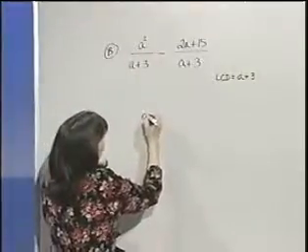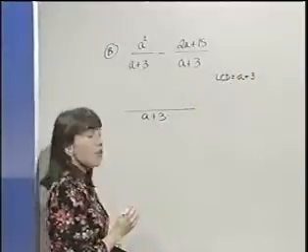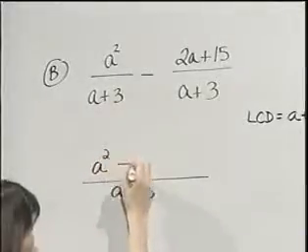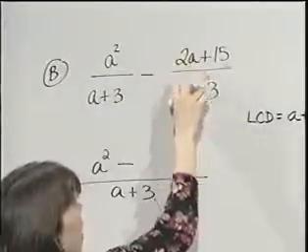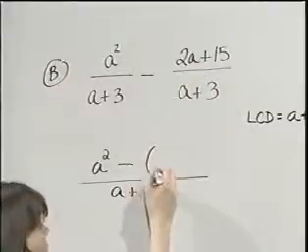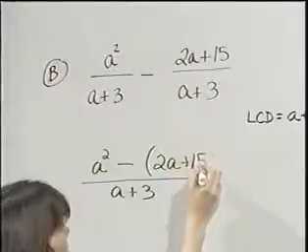In this case, we need to subtract the numerators, and this is the tricky part. We're going to write down a plus 3 as our single denominator, and in the numerator, we're going to have a squared minus, and then we're going to have this whole quantity, 2a plus 15. So, in order to represent that we're going to be subtracting the whole thing, I'm going to put it into parentheses.